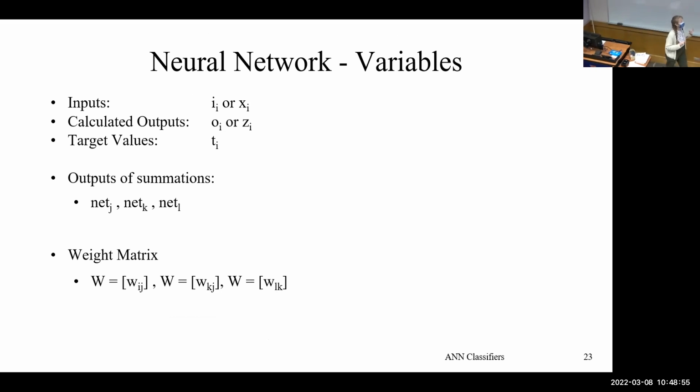Want to go over the variables we've got here? Your inputs are either called I for input or X. The problem with I is we also use it as our subscript, our index, so we tend to use X a little bit more frequently.